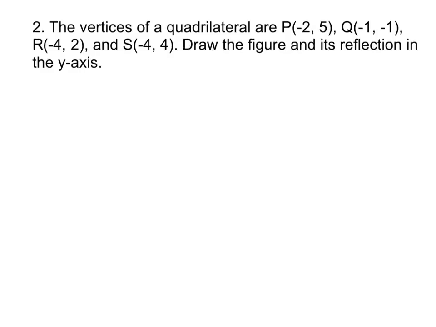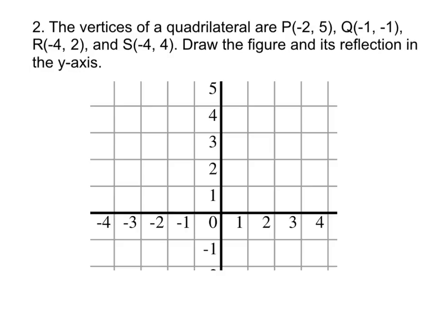Alright, so let's first draw a graph. So I'm going to make sure I put my arrows at the end of my lines and I label my x and my y-axis. So the first point we're going to draw is P. I'm going to put this in red. -2, so left 2, up 5. And that's P. Q is -1, down 1.